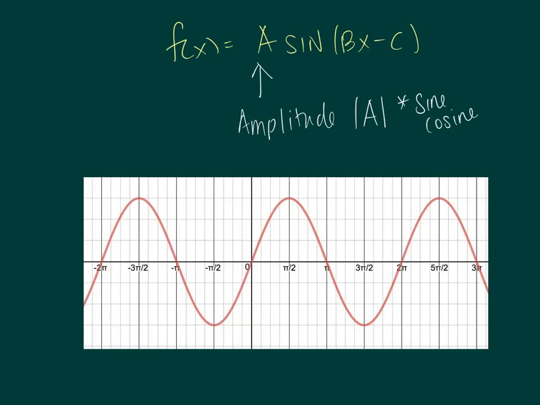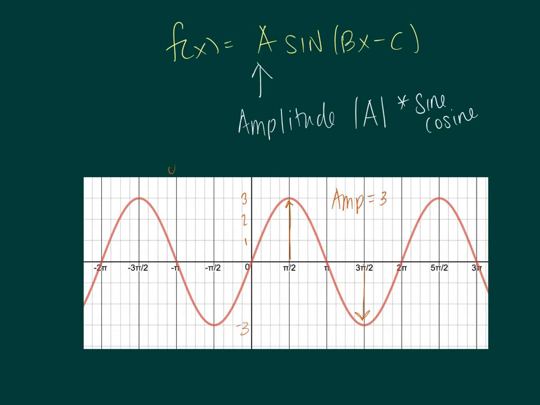So in this function, there are some important things that I want to point out. We can see that this goes up higher. What you would be able to see is that each of these is marked 1. And then down here they're -1. So we can see that this distance from our maximum to our minimum has changed. And our amplitude of this function is 3.